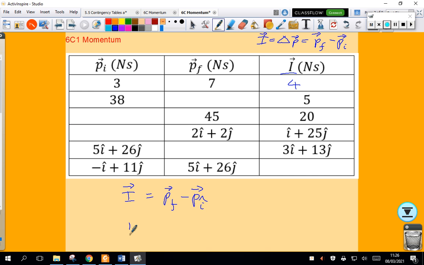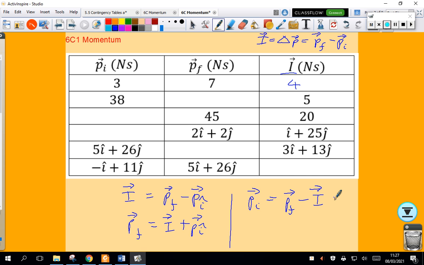I could say that the final momentum is going to be equal to the impulse plus the initial momentum, or the initial momentum, just changing the subject of the formula, is going to be equal to the final momentum minus the impulse. Okay, so 3 versions of the same formula.